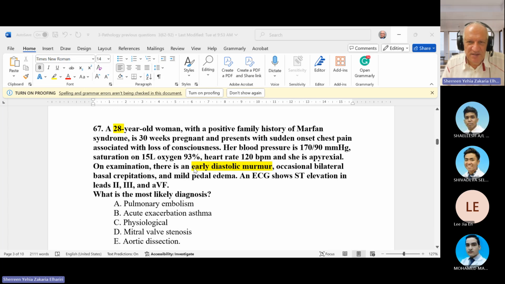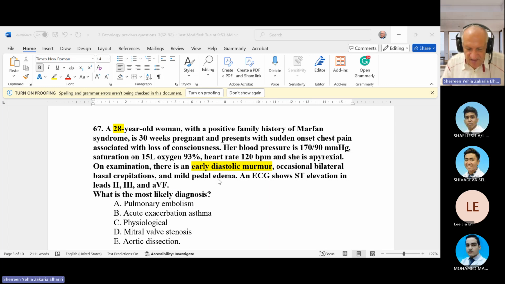So this is the picture of an early diastolic murmur in Marfan syndrome, something related to the aorta. Of course, a thoracic aneurysm can start to give this picture, and this condition we call aortic dissection.